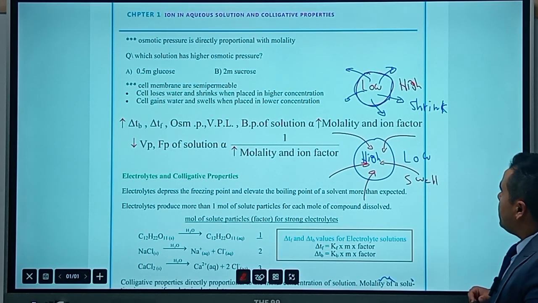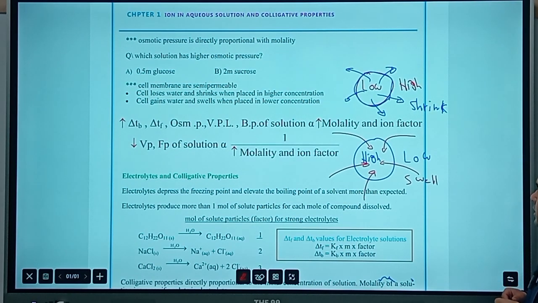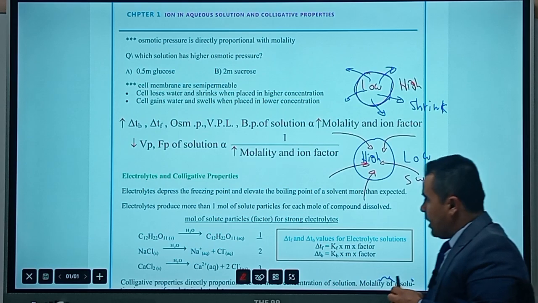This is the application of the osmosis in biology.